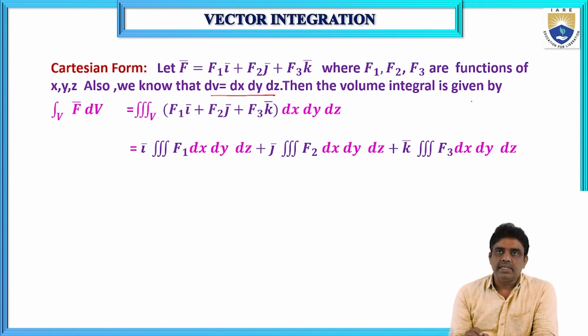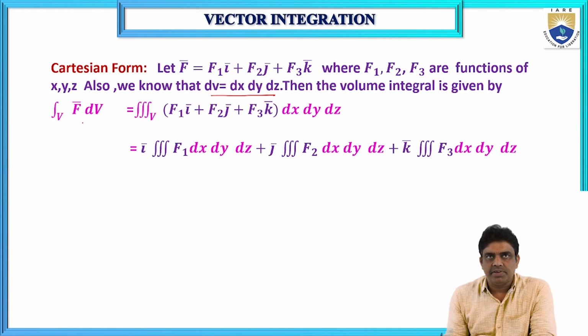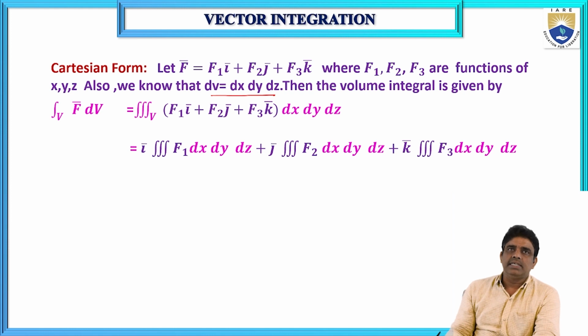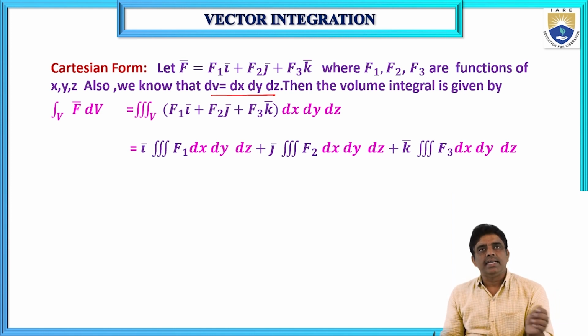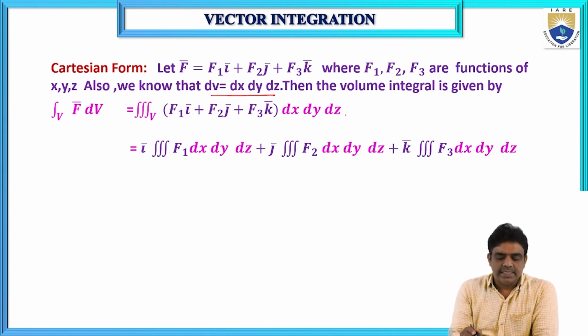Then the volume integral is given by integral of f bar dv, as I said in the previous definition. The limit of the sum as n tends to infinity will give the integral over v of f bar dv. That is equal to the triple integral over v of f bar, which means f1 i bar plus f2 j bar plus f3 k bar, and dv means dx into dy into dz.